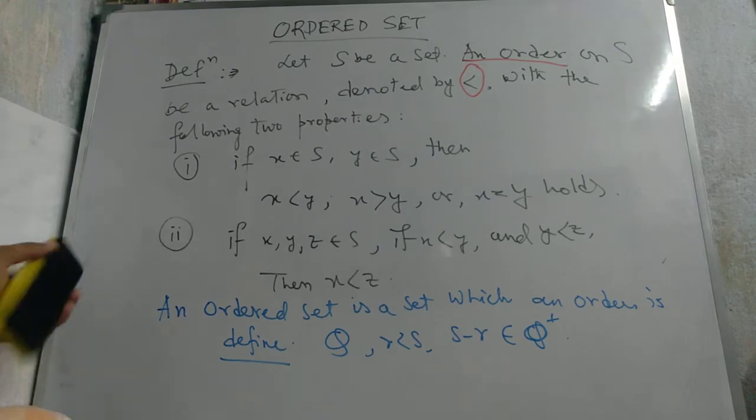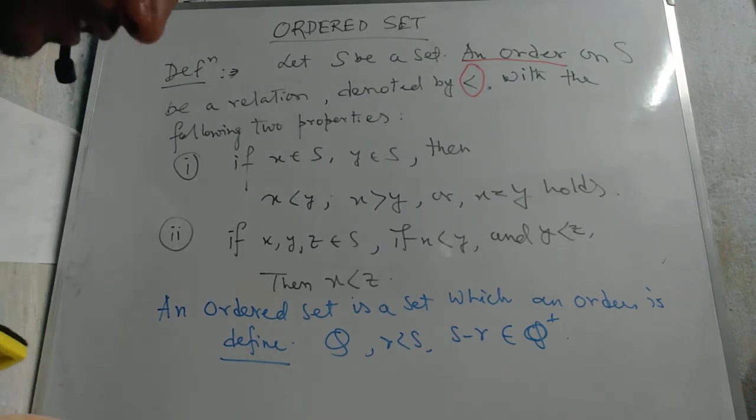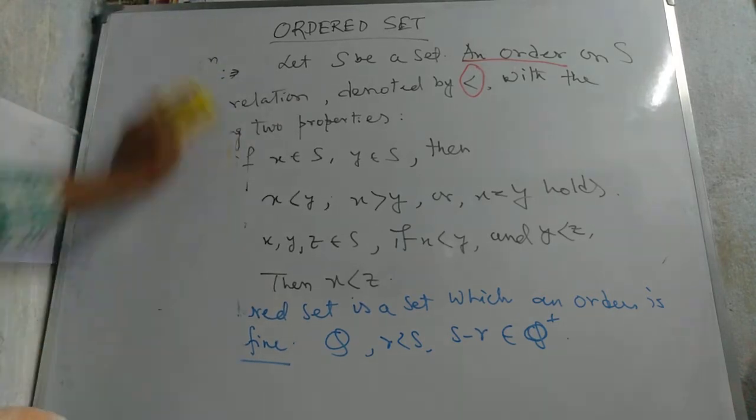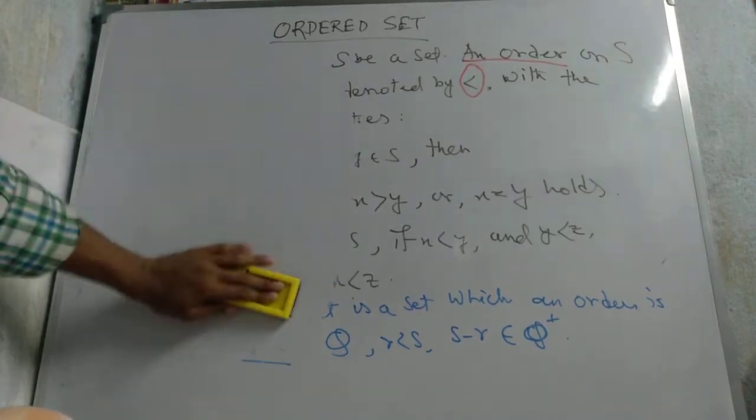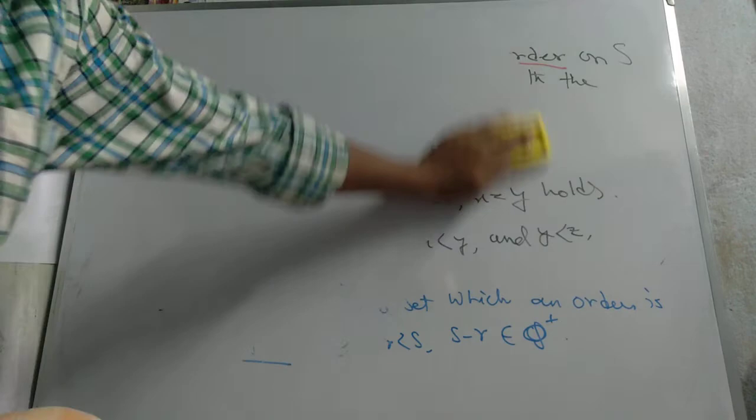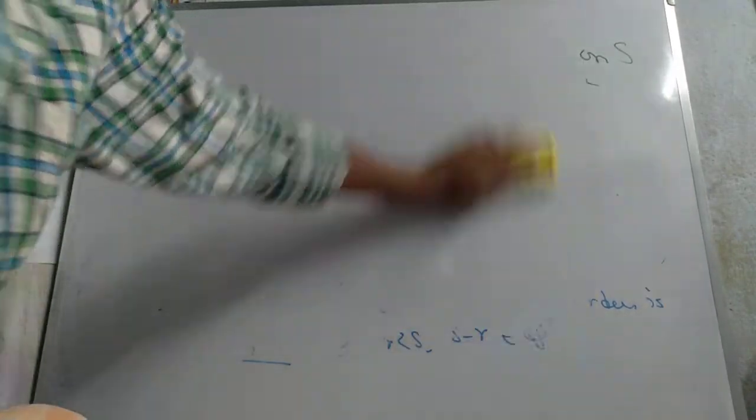Next we're going to use this and go to the definition of bounded above. For ordered sets we also discussed that the law of trichotomy holds and also the transitivity property holds on a relation. Next, another definition: bounded above.